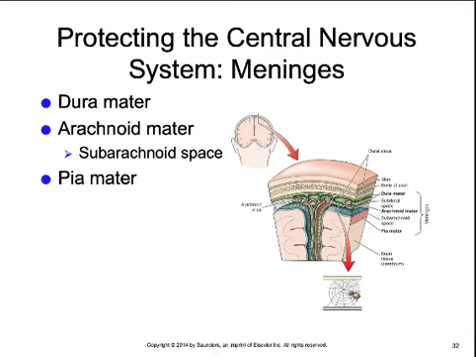Since the cranium can't expand, this could lead to coma and death, right? If it's not quickly treated. Normally, when we see an increase in intracranial pressure, one of the ways we deal with it is to literally drill holes in the cranium in order to let the extra pressure out. Okay.